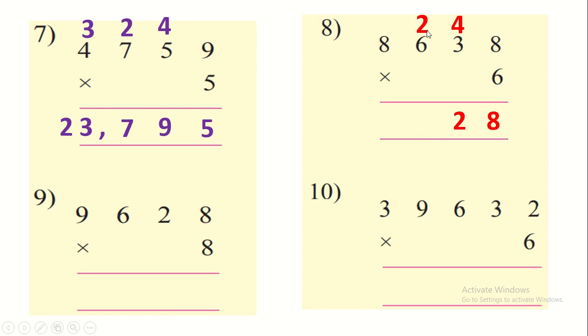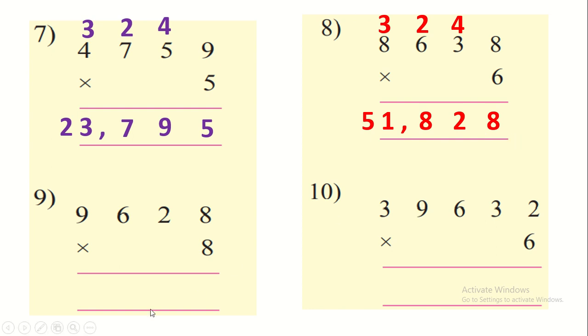Write 2, carry 2. 6 times 6 is 36, plus 2 is 38. Write 8, carry 3. 6 times 8 is 48, plus 3 is 51. Your answer is 51,828. Correct, students?